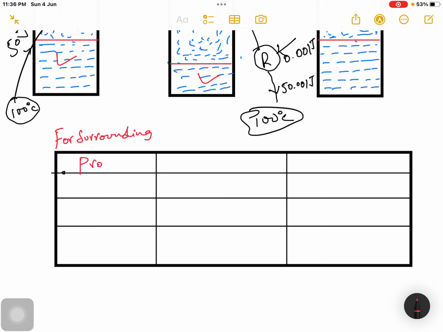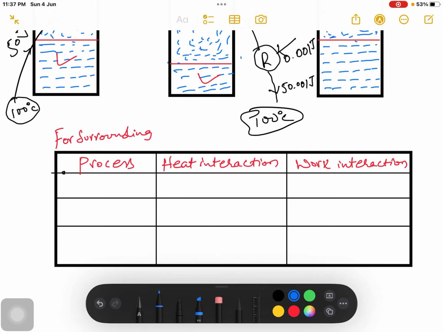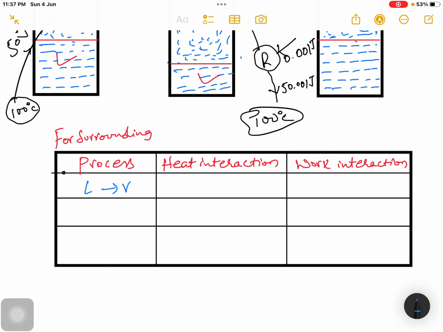Here what I can conclude is that when you are supplying 50 joules of heat interaction from the surrounding in the liquid to vapor phase and the same work interaction is taking place, so it is a externally reversible process.